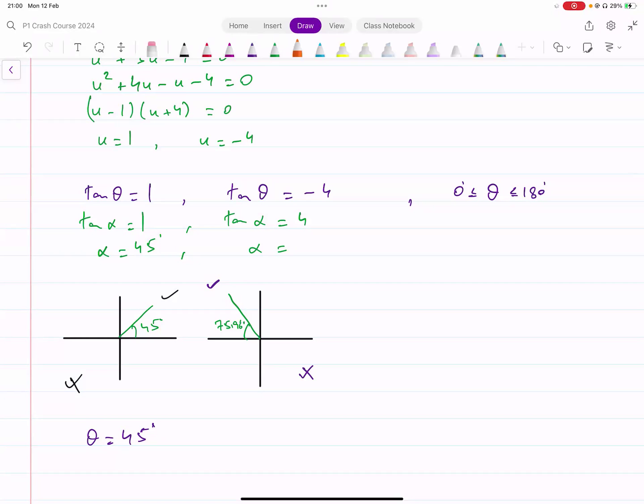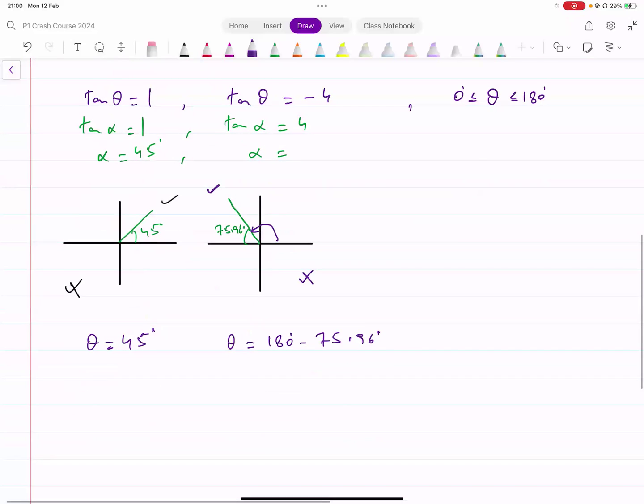So the only possible answer that we're getting from this is this here. So theta equals 180 minus 75.96, which turns out to be 104.0 degrees. So theta is either equal to 45 or it's equal to 104.